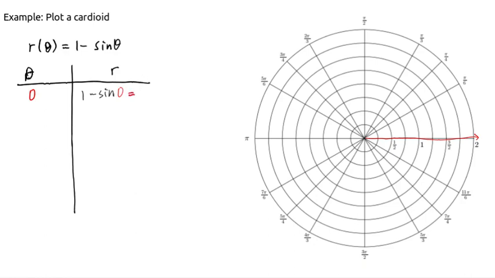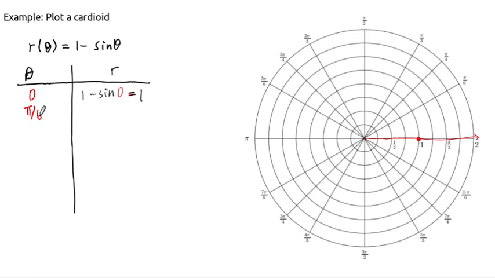Sine of 0 is 0, so this is just 1. So the point on the polar plane corresponding to theta equals 0 has a radius of 1. So we go out in the direction of theta equals 0 to a radius of 1. Okay, and we're going to continue this for a few values of theta along this polar axis, and then see if we can understand what's going on here.